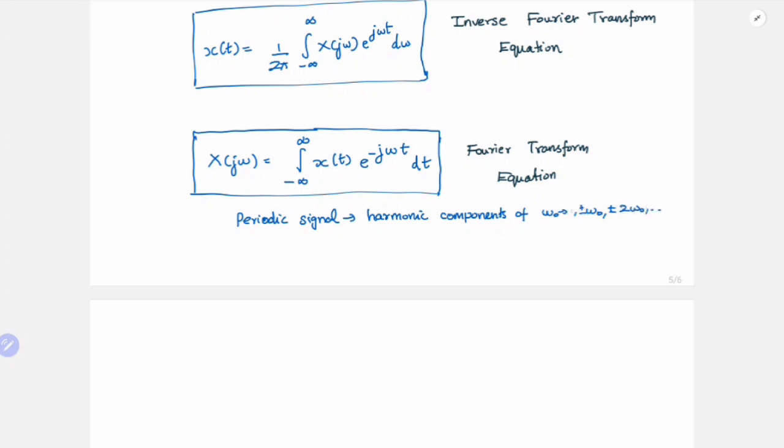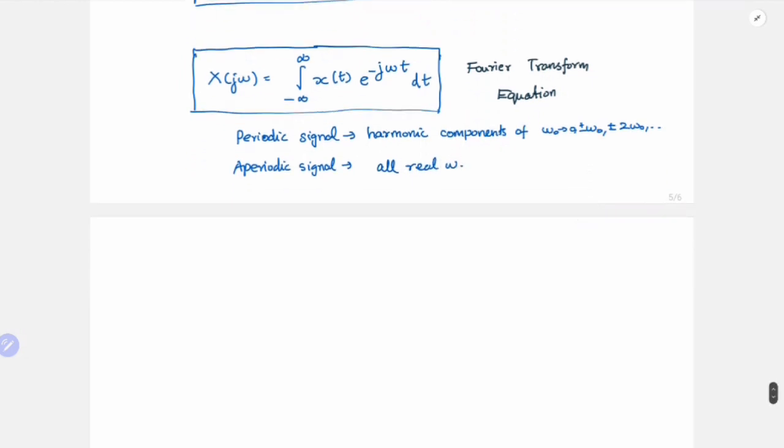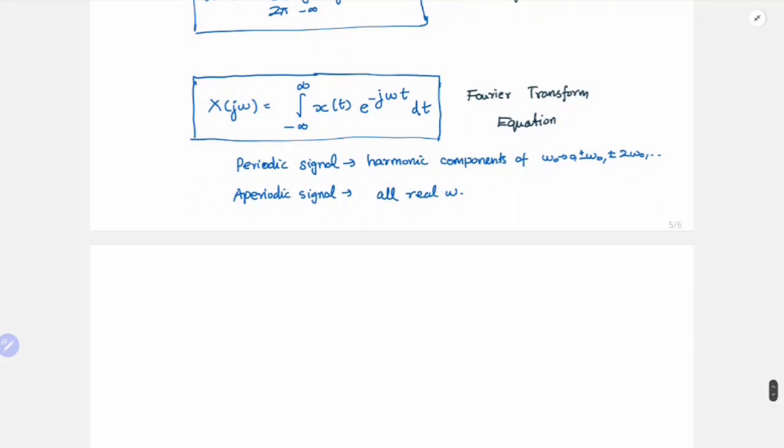For an aperiodic signal, what we have is all real omega, right? And this x of j omega, like we call ak the spectrum of x of t in the periodic case, in this case also is called the spectrum of x of t.